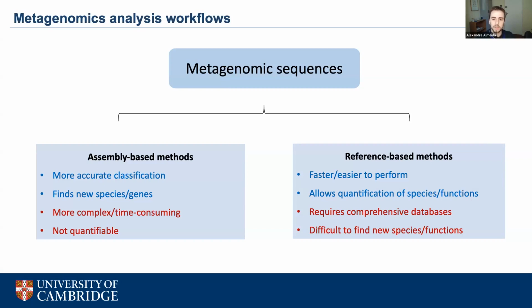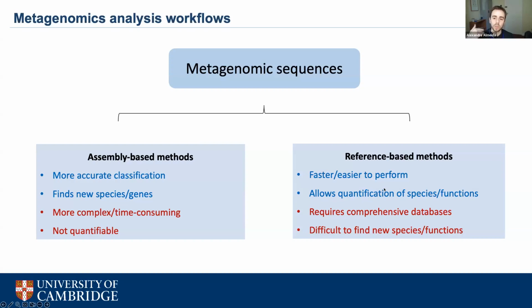At the same time, since assembly-based methods collapse the diversity of sequence reads into one consistent sequence, the result is usually not quantifiable. The assembly by itself will not give you an estimate of how much of that bacteria or how much of that gene is present. In contrast, reference-based methods are generally faster and easier to perform, and they allow quantification of the species and functions.